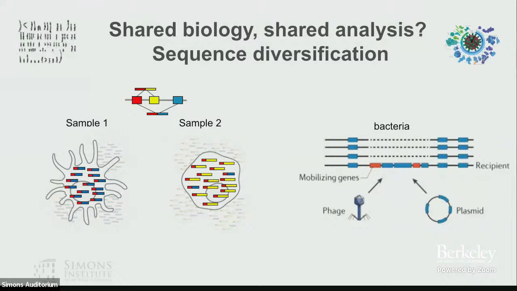In order to give some intuition for what we're going to do, I'd like you to consider that there are a variety of different biological problems, from cancer genomics to viral variants that are emerging, to mobilization of DNA or infection of phages into bacteria, that have a shared biological feature. That feature is also shared by RNA splicing, and that's an example that I'll talk about in a little bit.